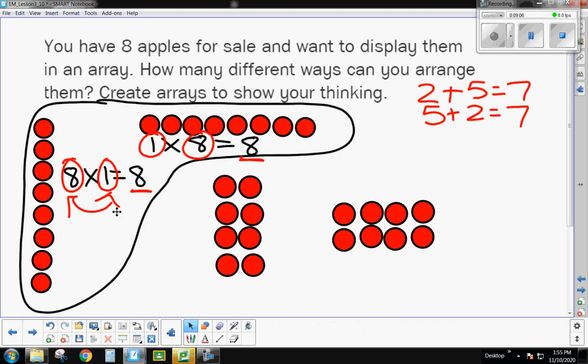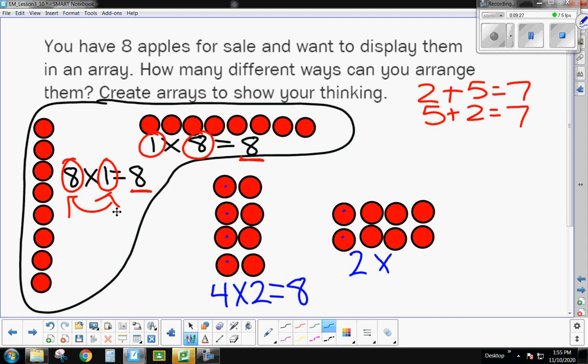I can turn those factors around and it's still going to equal the same thing. All right, let's look at my next 2 displays. So this display here, I've got 1, 2, 3, 4 rows with 2 in each row. So I have a 4 by 2, or 4 times 2 equals my 8 apples. And then look at this display over here. Here I have 2 rows with 4 in each row.